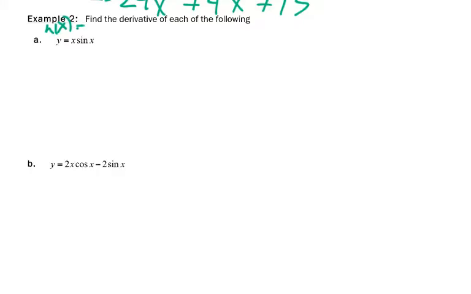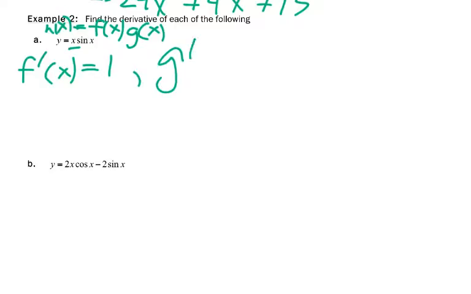And then our f of x function is x, and g of x is sine of x. So let's find f prime of x. We're going to use the product rule. The derivative of just plain x is 1. The derivative of g of x, sine of x, we said was cosine of x.